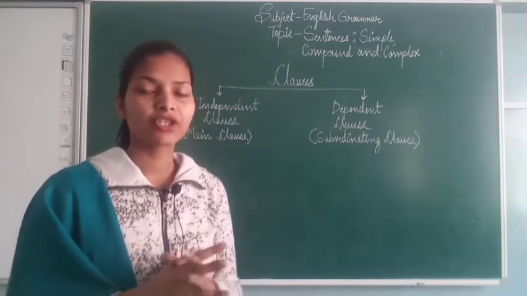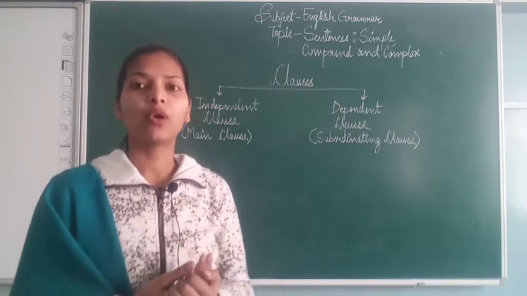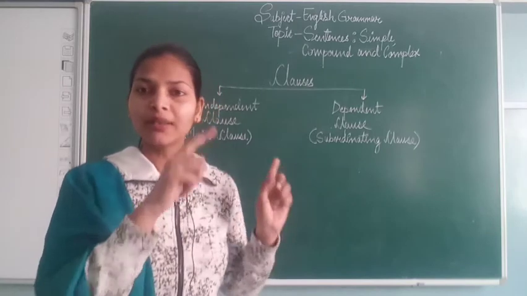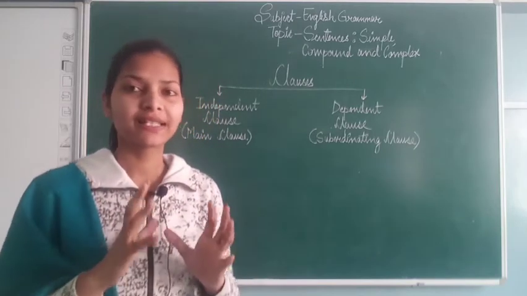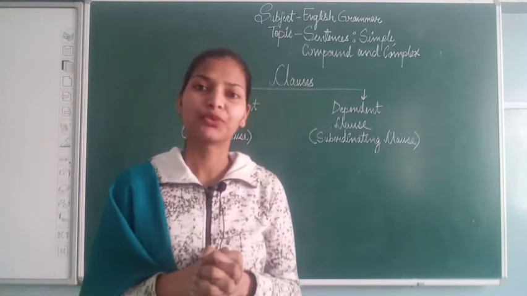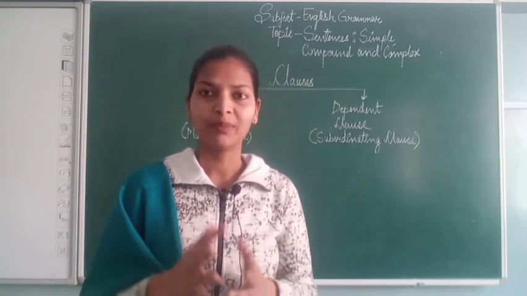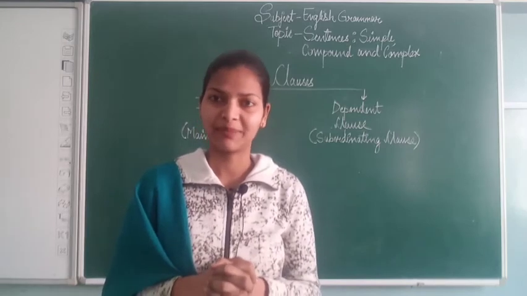As the name suggests, it is dependent on the main clause for its complete meaning. So on the basis of this structure, the sentences are divided into three types, that is simple, compound and complex, which we are going to study.